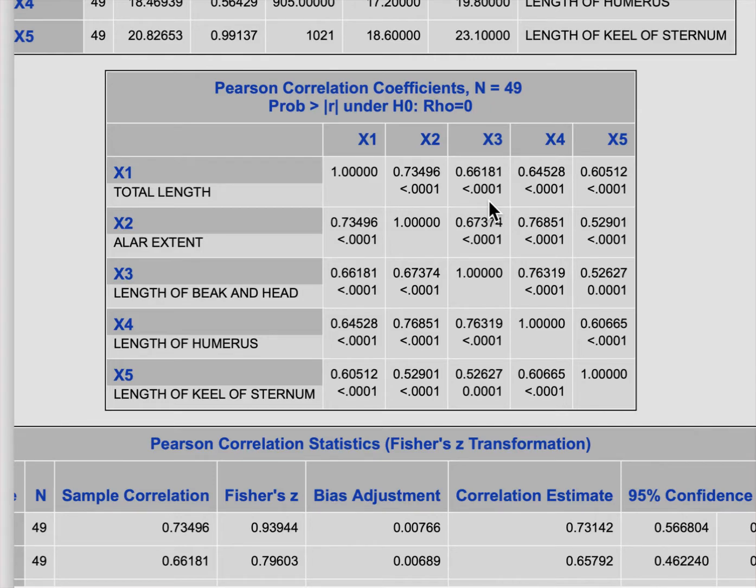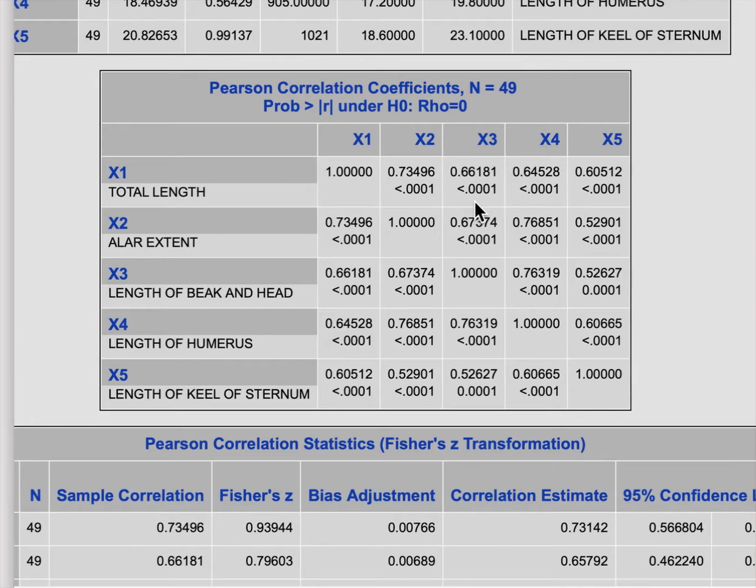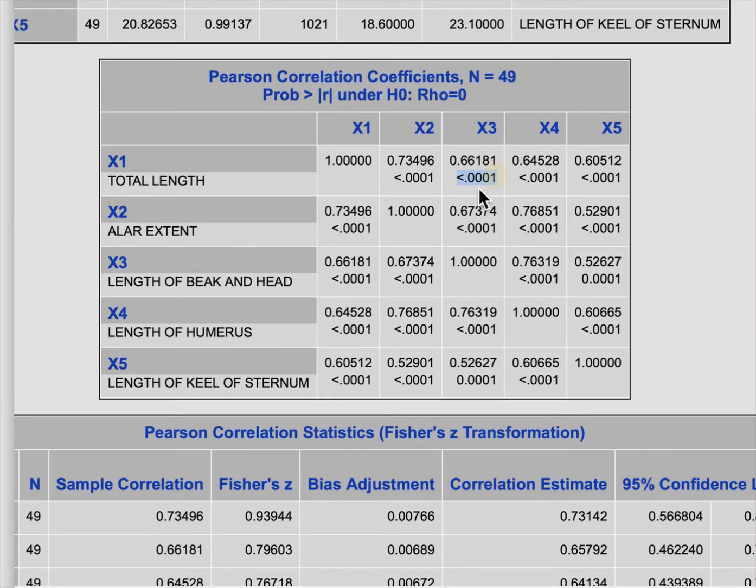Well, to answer that, again, we perform the hypothesis test, and if we're going to use a 0.05 level of significance, we would conclude that the null hypothesis is false, and therefore that the population correlation between x1 and x3 is non-zero, because the p-value for this test is less than 0.0001. And we could continue on and draw that same kind of conclusion for the population correlation between x1 and x4, x1 and x5, x2 and x3, x2 and x4, x2 and x5, x3 and x4, x3 and x5, and x4 and x5.